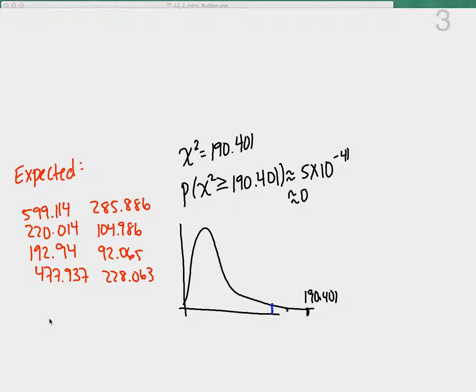So you could do something like this. Alpha is 0.05. Remember that alpha is our rejection region. So our value is within the rejection region, which is why we're going to reject the null. So in this case, you would do 0 is less than 0.05. So I'm going to reject.